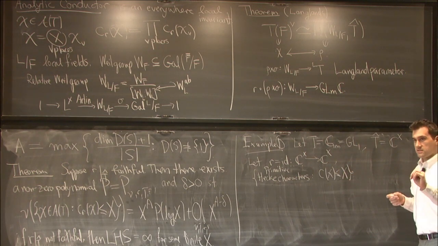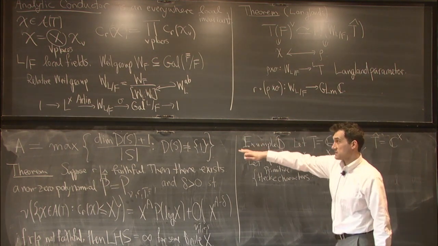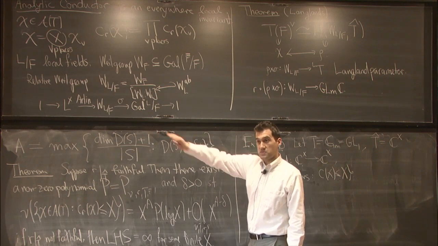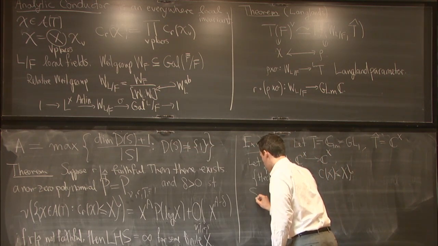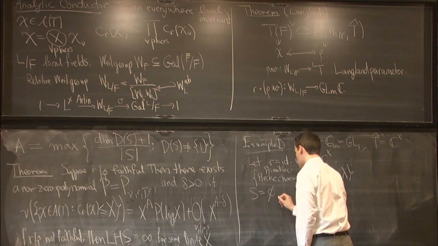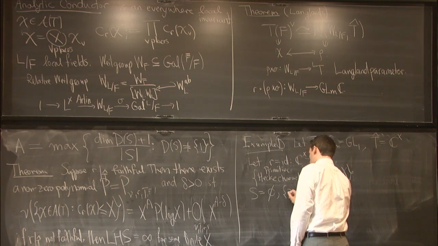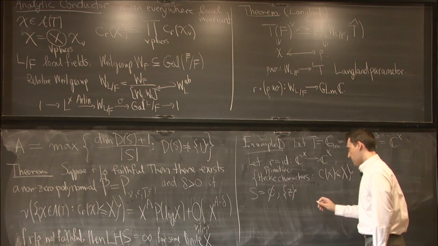So A is 2. We can work out in terms of these groups D of S, etc. The S's, there are only two subsets S, the empty set, and the whole thing, with Z the identity map.